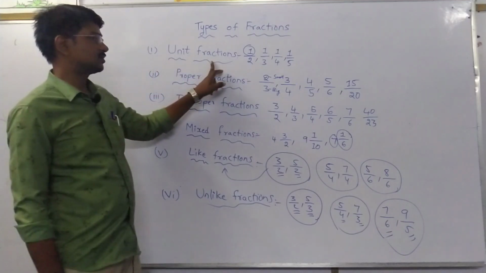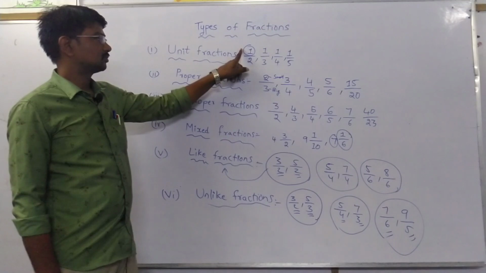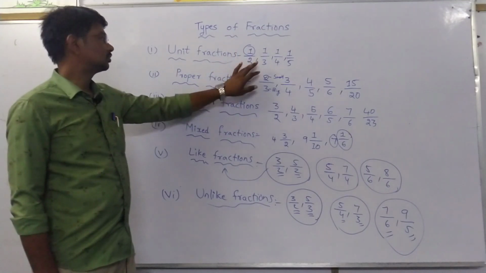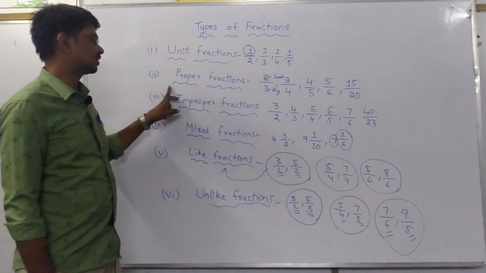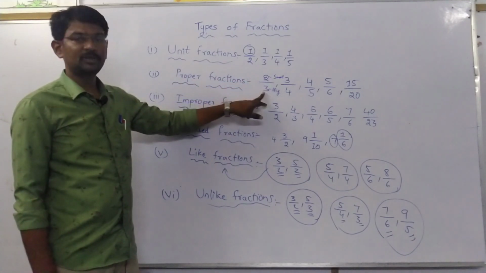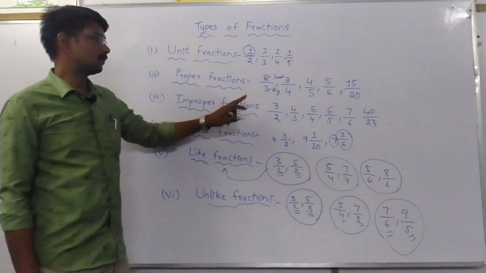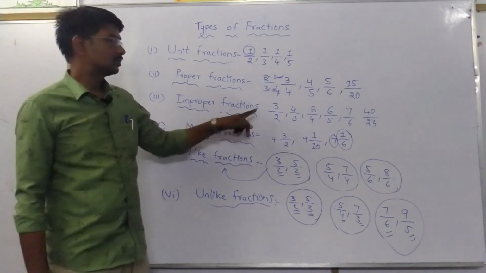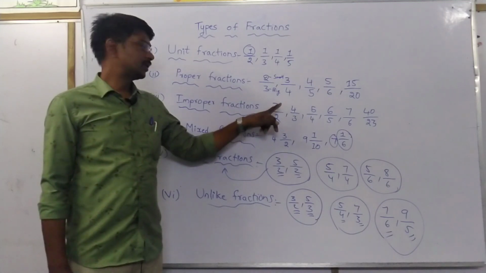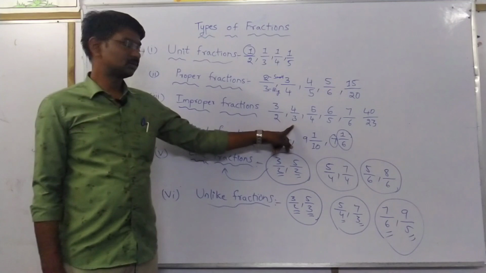Unit fractions, fractions having numerator 1 are called unit fractions. Proper fractions, numerator smaller than its denominator. Numerator small, denominator big. Improper fractions, numerator is bigger than its denominator. Numerator big, denominator small.